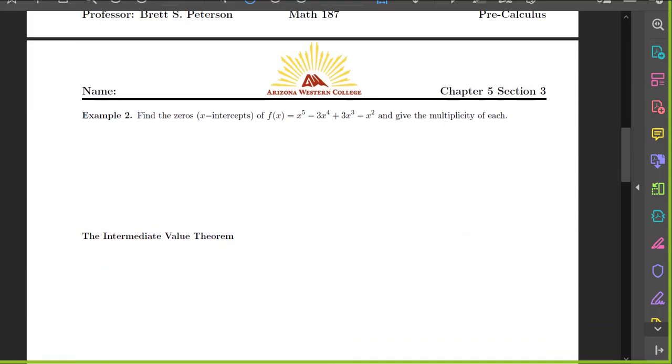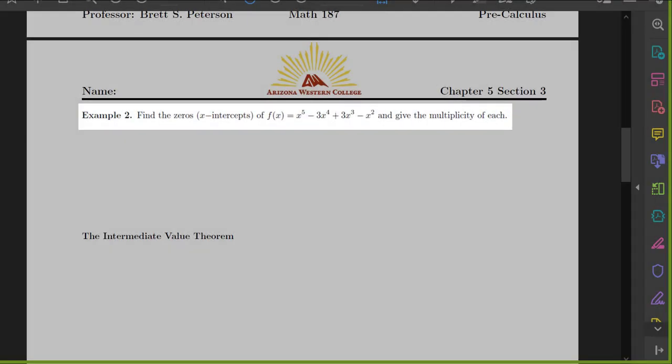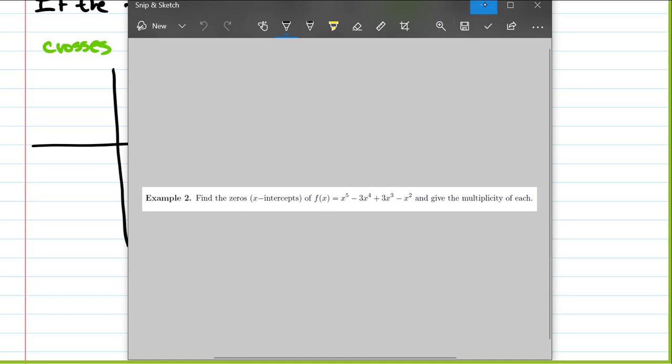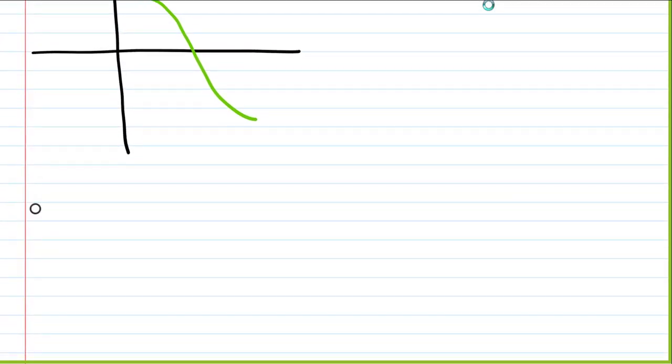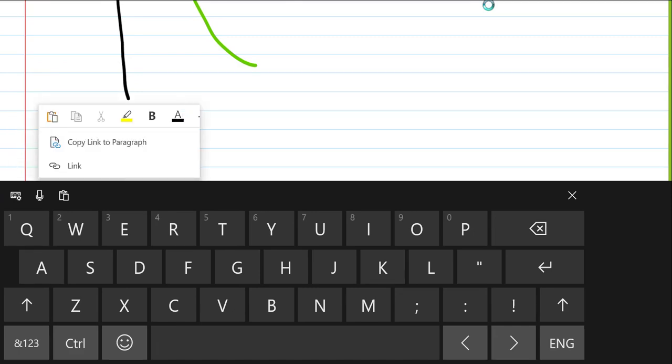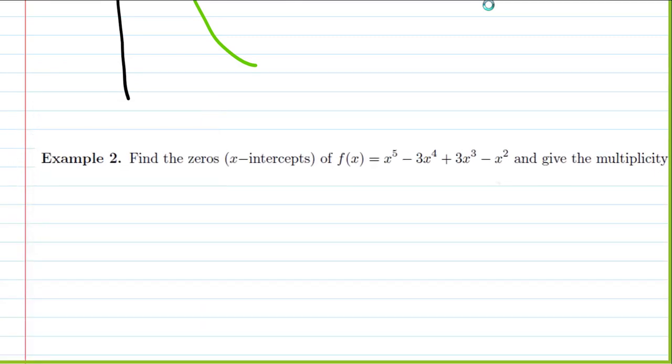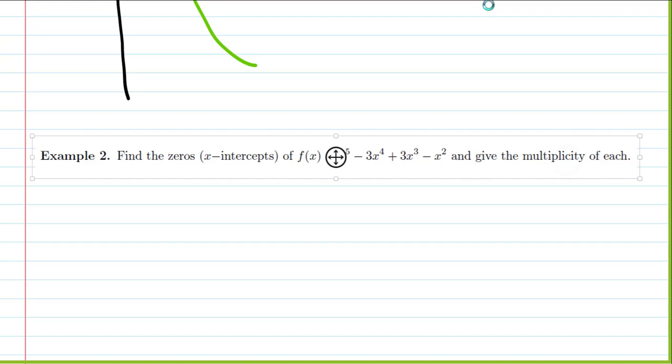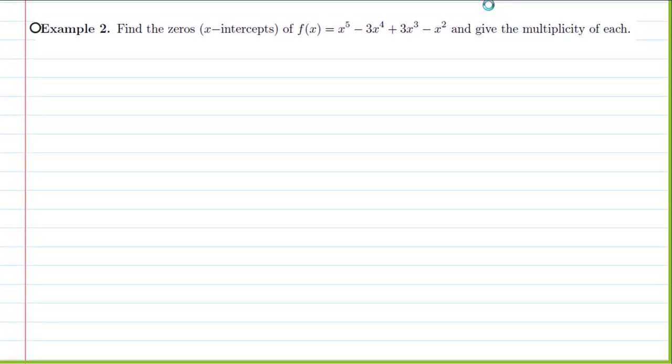All right. So let's go ahead and use those definitions to do example number 2. Find the zeros, or x-intercepts, of f of x equals x to the 5th minus 3x to the 4th plus 3x cubed minus x squared, and give the multiplicity of each 0.